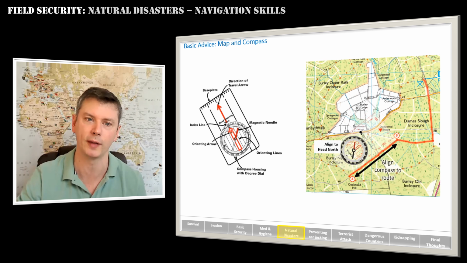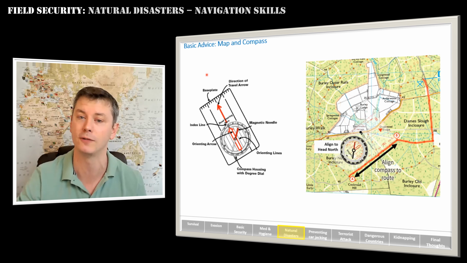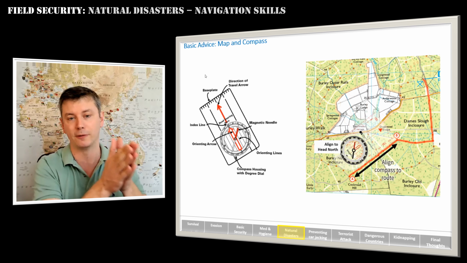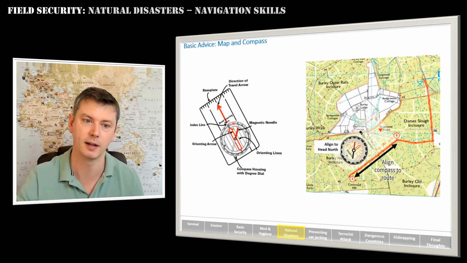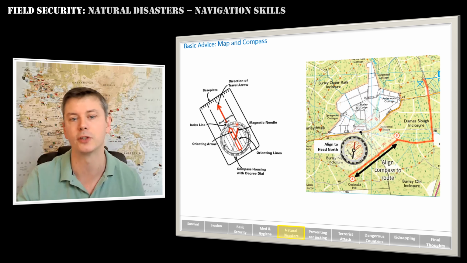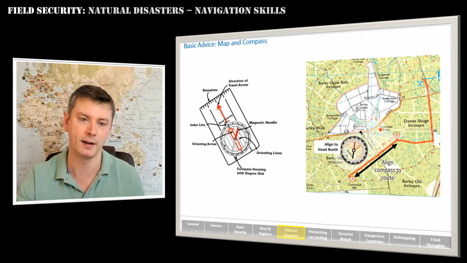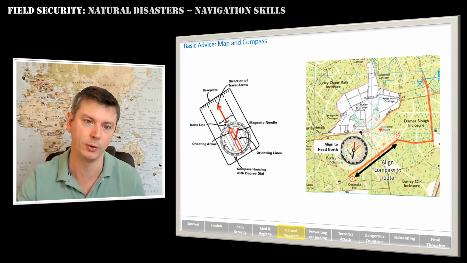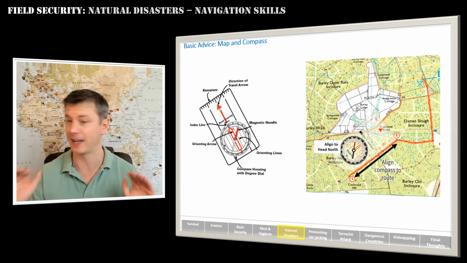And once you've got that, you can then look at this arrow here and follow it, because you've now transferred the information from the map to the compass by spinning this here, and then you transferred the information from the compass to you by spinning the compass itself and you, so that when this arrow is aligned to this arrow, it means this arrow is in the direction you need to walk in. And that's it. That's how to use a compass.